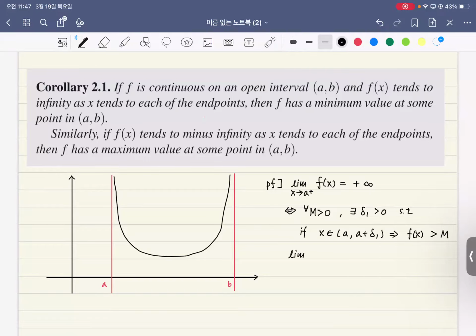Likewise, as I approach b from the left, the function is also tending to positive infinity.